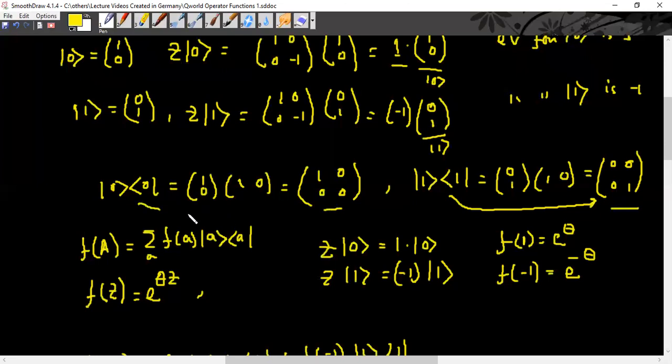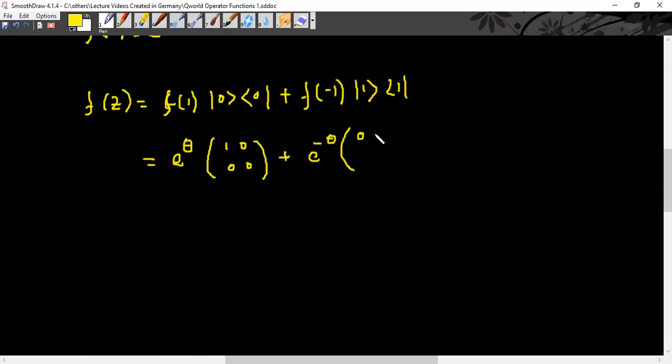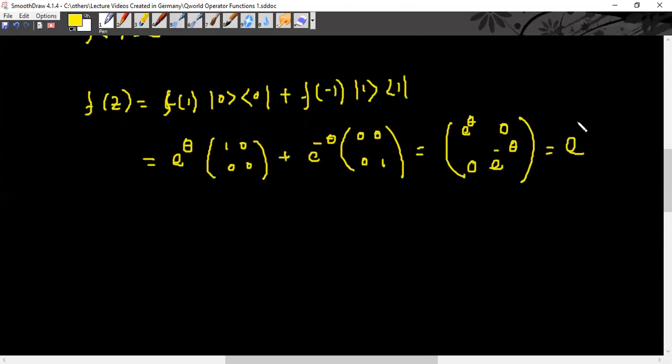This is for the corresponding outer product. So e to the power theta times 1, 0, 0, 0, plus e to the power minus theta times 0, 0, 0, 1, and if we sum this, then we get e to the power theta, 0, 0, e to the power minus theta, which is equal to e to the power theta Z. So that ends the video. See you in another video.